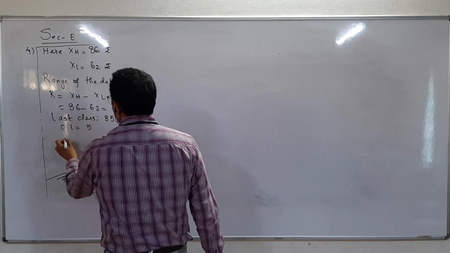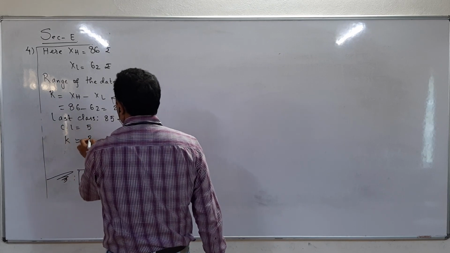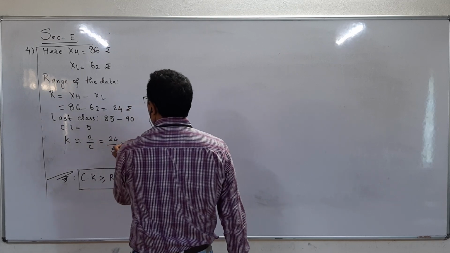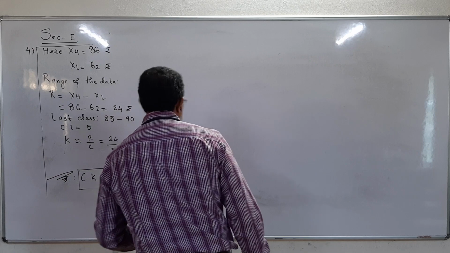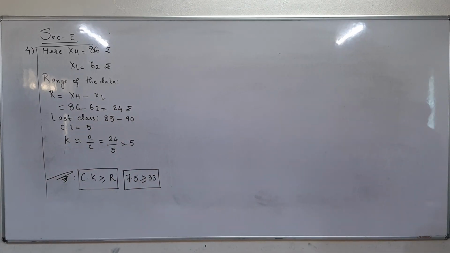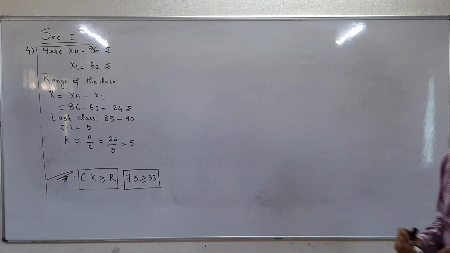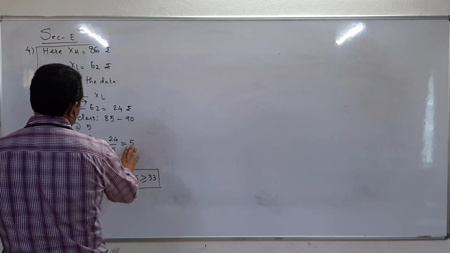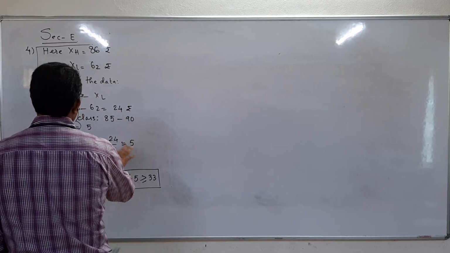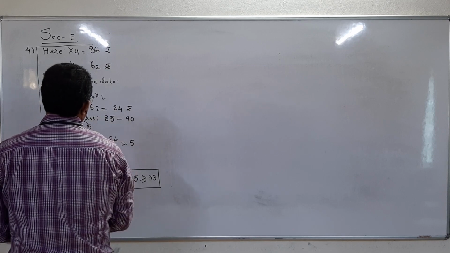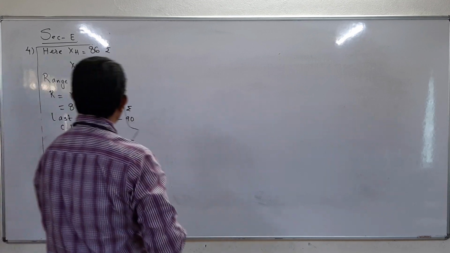Class length is 5. So number of classes is range divided by class length, 24 by 5. So approximately, students, we will have 5 classes here. If I take 5 into 5, it is 25, and 25 is greater than 24.